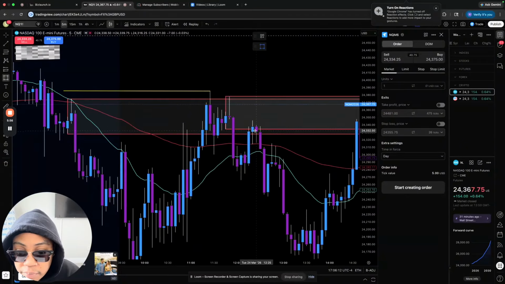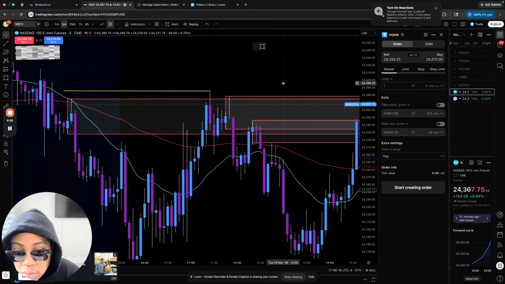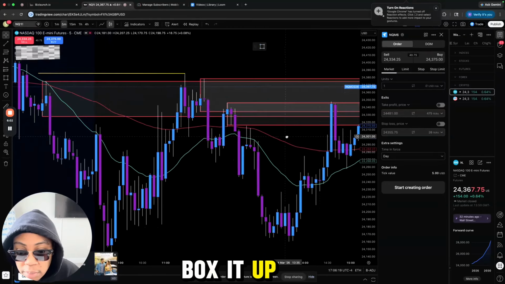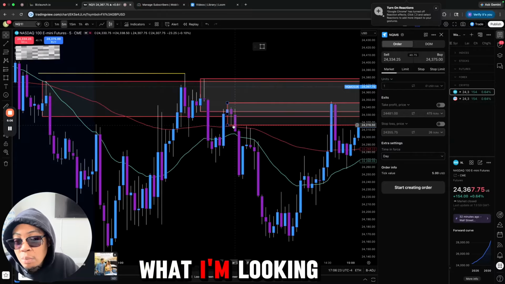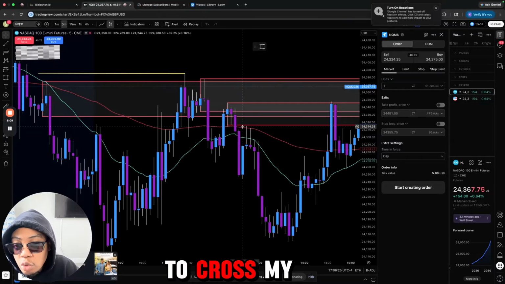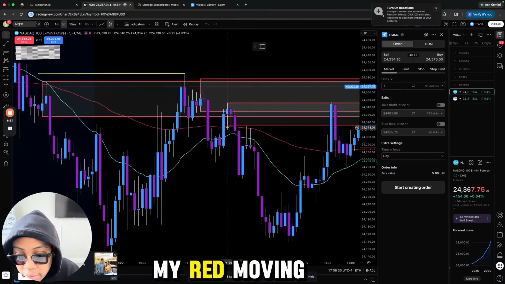So I boxed up this new supply zone. Box it up. All right. After I box it up, what I'm looking for is price to cross my moving averages right here, my green and my red moving average.